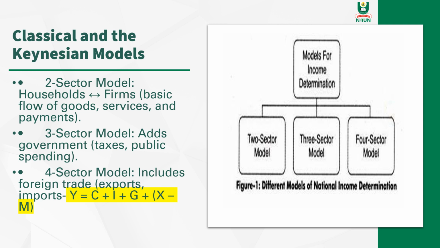But the Keynesian economists believe that the government is a sector that should not be neglected. And so they added the government sector. And the fourth sector model incorporated the external sector, which is the foreign component, the import and export.